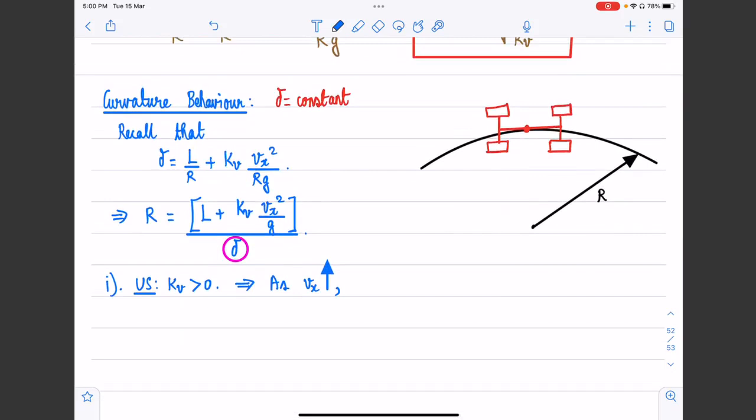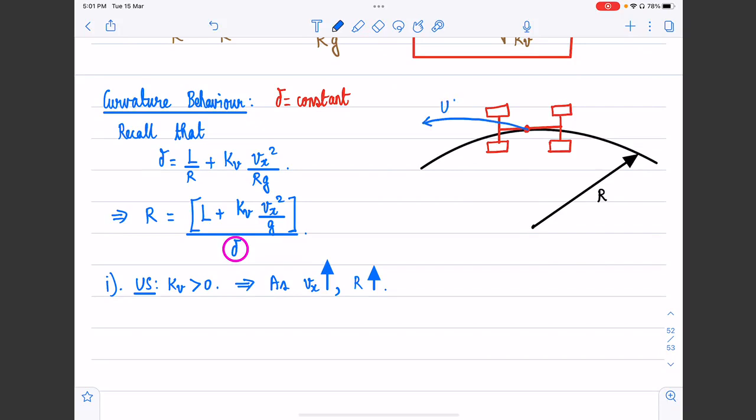So for understeer, since KV is greater than 0, as Vx increases, as the speed increases, we can immediately see that the radius of the turn increases. Okay, so this is why we usually see a representation of an understeer vehicle where, on a road, we always show the understeer vehicle going out of the turn, right?